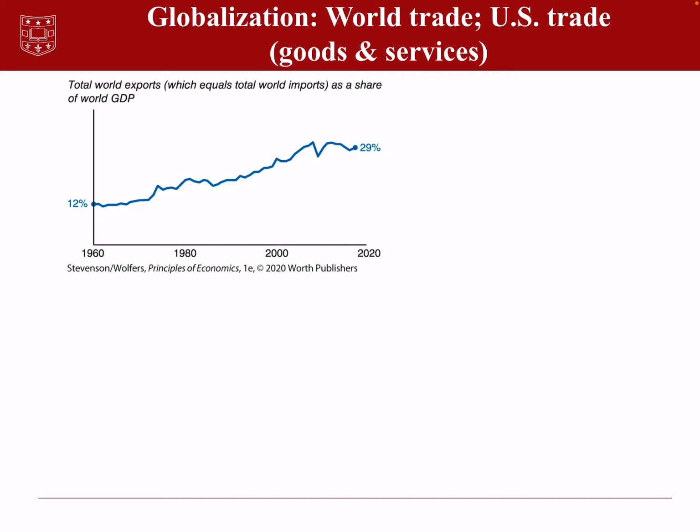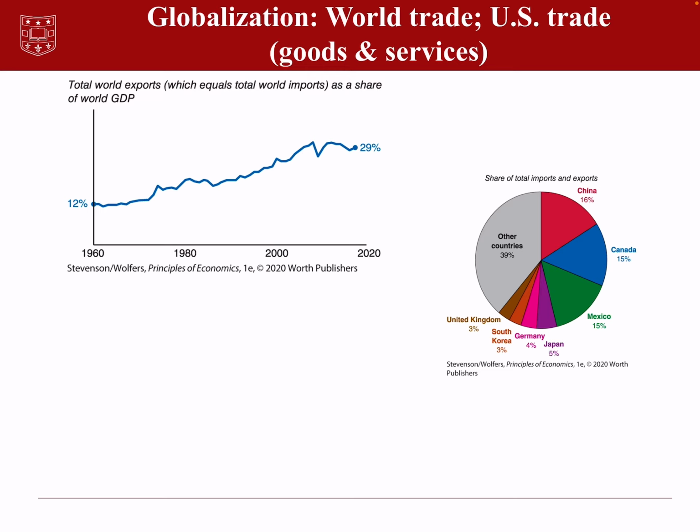You can see, over my lifetime, more than a doubling in the amount of global trade, from about 12% in 1960 to almost 30% in 2020. This has impacted many countries differently, in different proportions, and that's certainly something that we'll turn to in a moment.